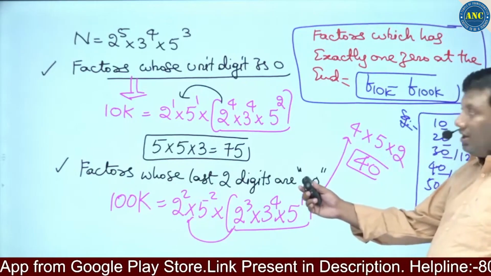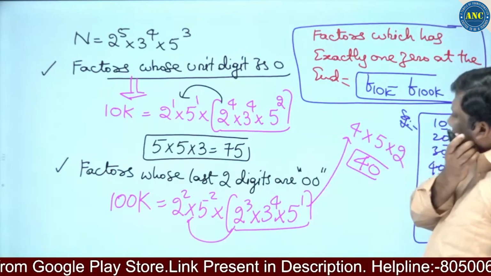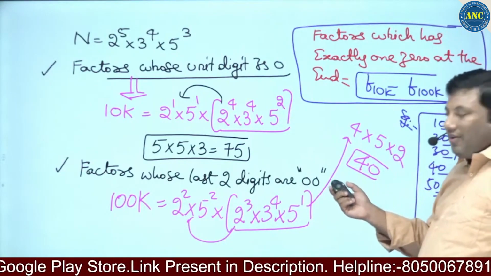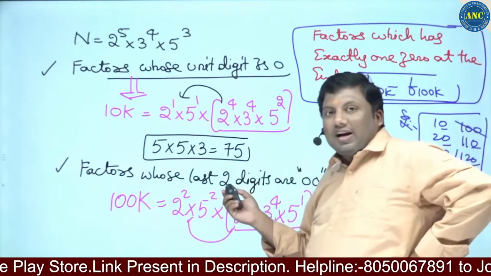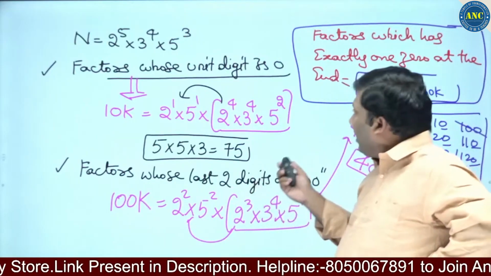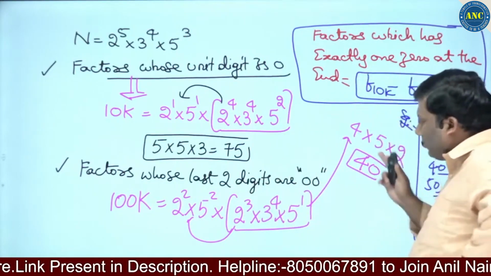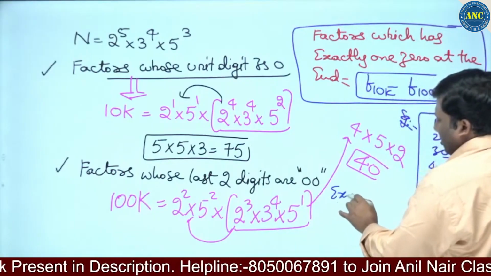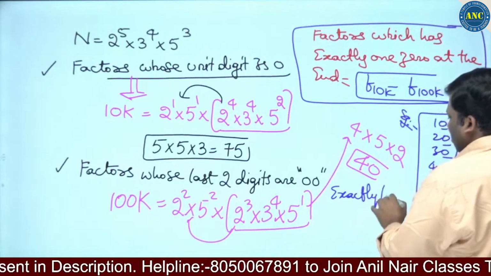Suppose the same question is factors which have exactly last two zeros at the end.